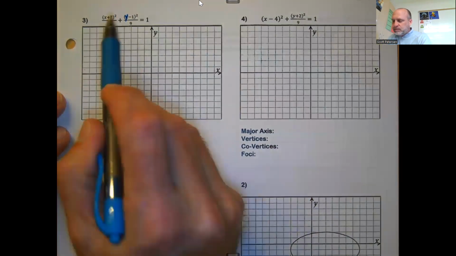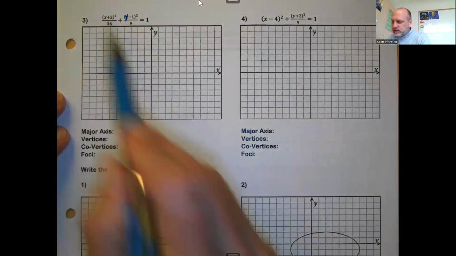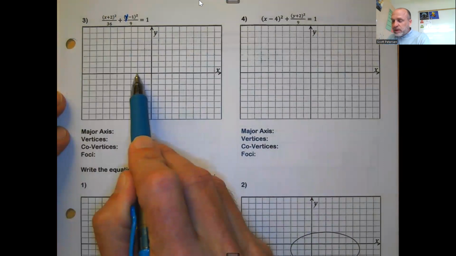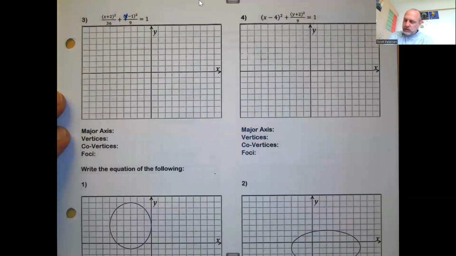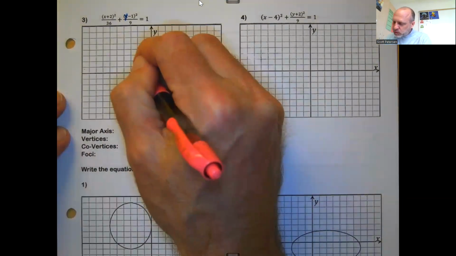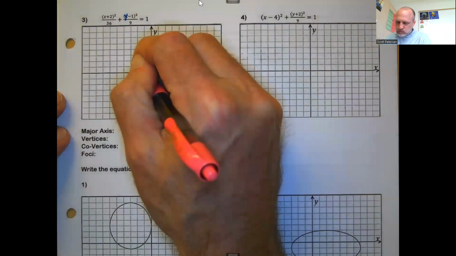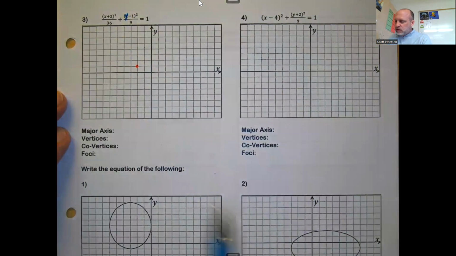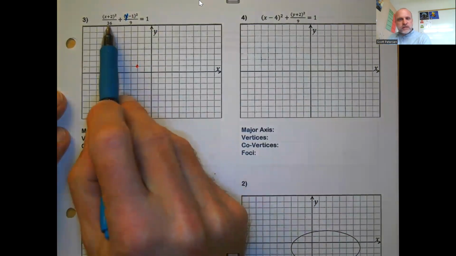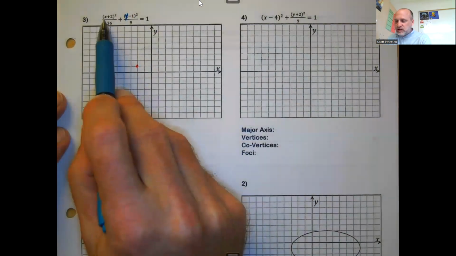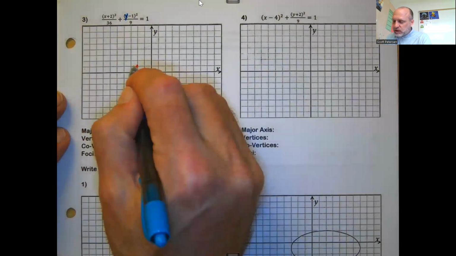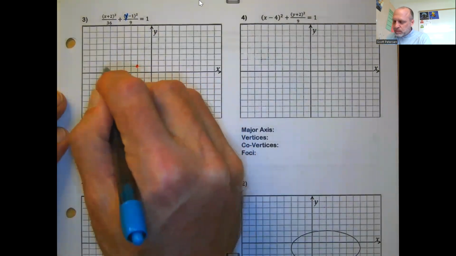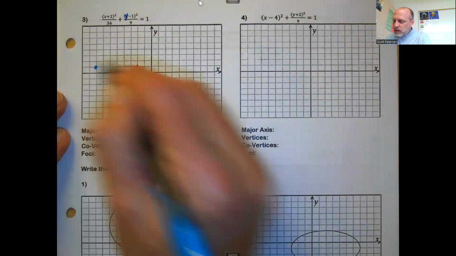So step 1, I got a plus 2, so that tells me I'm going to move to the left 2. -1 moves me up 1. So that's going to be my starting point. Take the square root of 36. That's underneath the x, so that's going to tell me to go to the left and to the right.